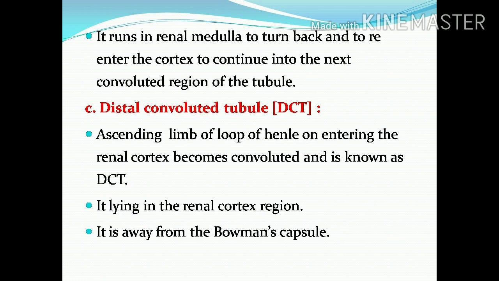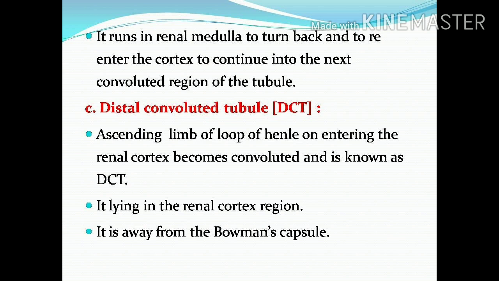Here, the ascending limb, on entering the cortex, becomes convoluted, and is known as the distal convoluted tubule. The ascending limb of the loop of Henle, when it enters the renal cortex region, again becomes coiled or convoluted.